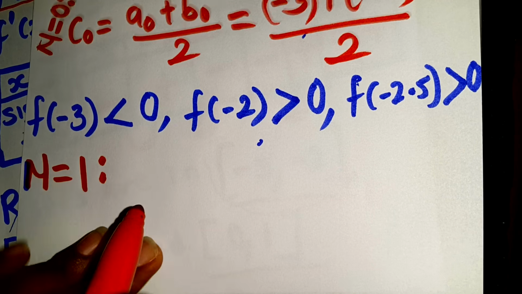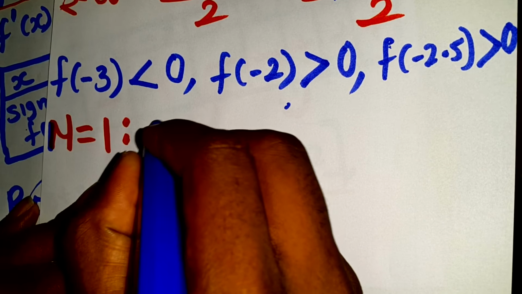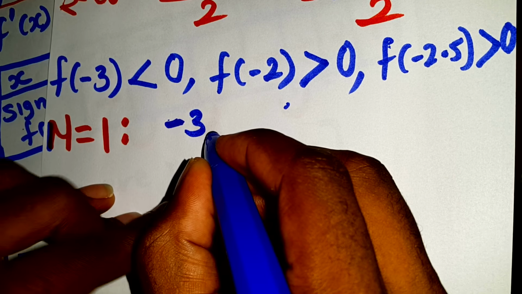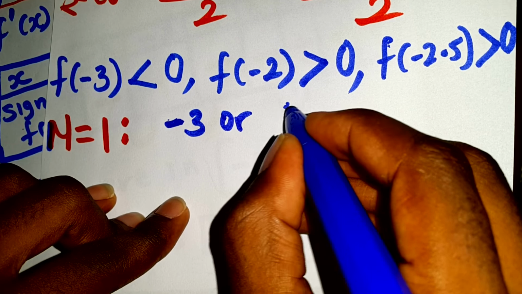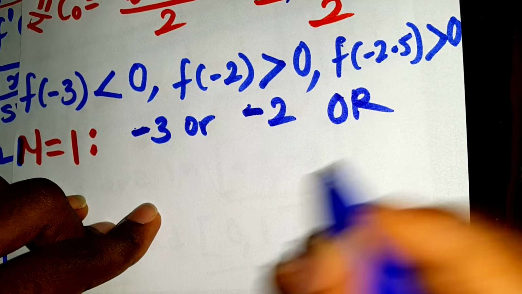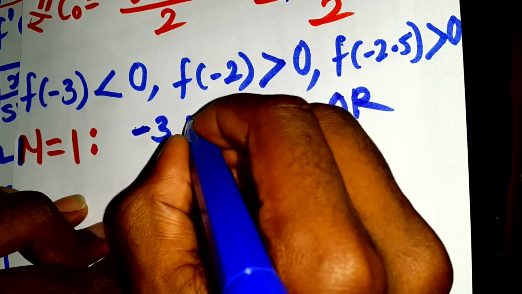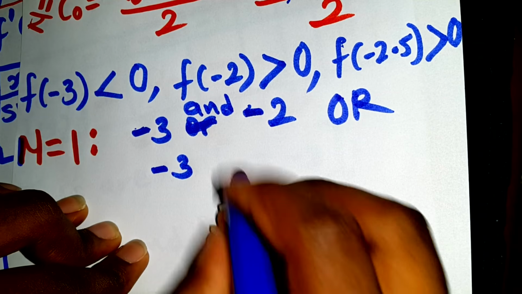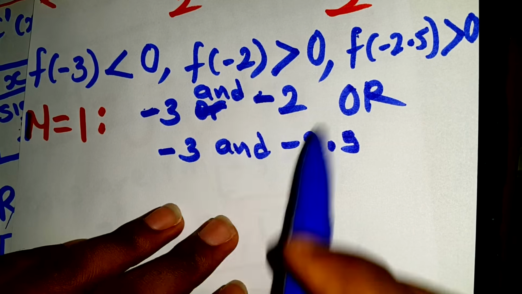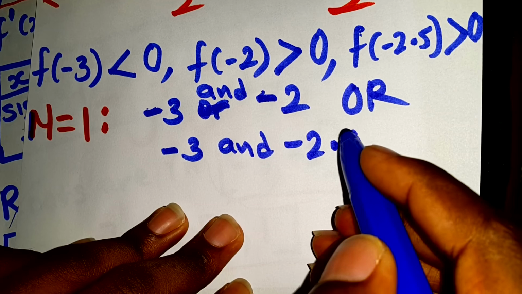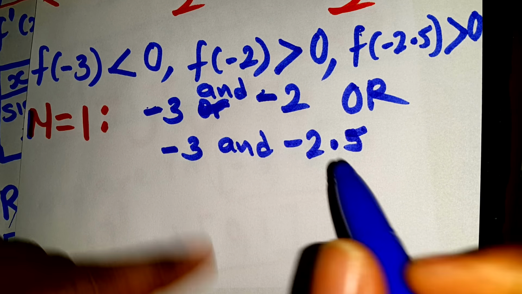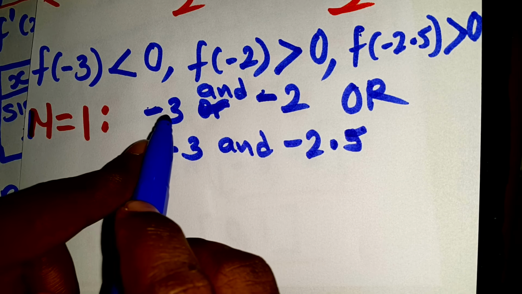So we can choose either minus 3 and minus 2, or minus 3 and minus 2.5. Those are the two values you can choose here. But since we are looking for the smallest root, we cannot choose minus 3 and minus 2.